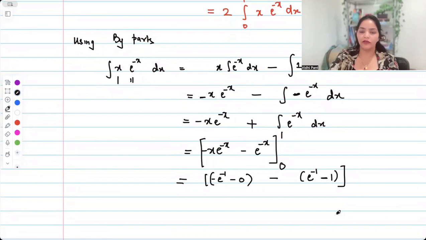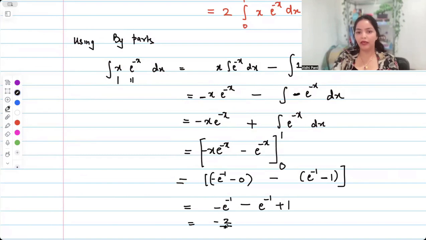That is e to the power 0, which is 1. So hence you will get minus e to the power minus 1 minus e to the power minus 1 plus 1, or in other words, minus 2 by e plus 1.